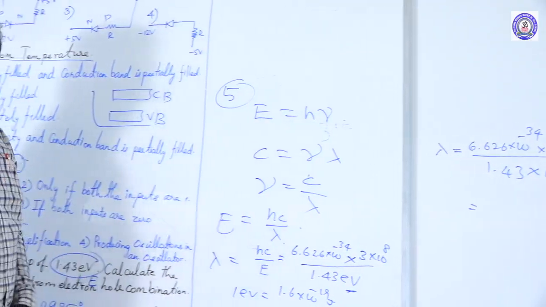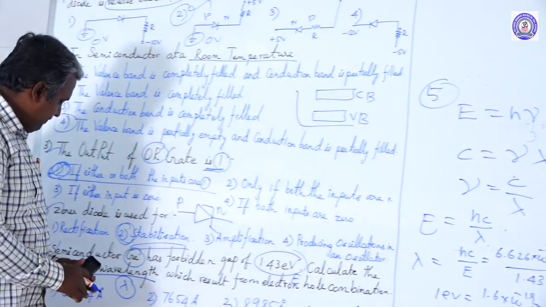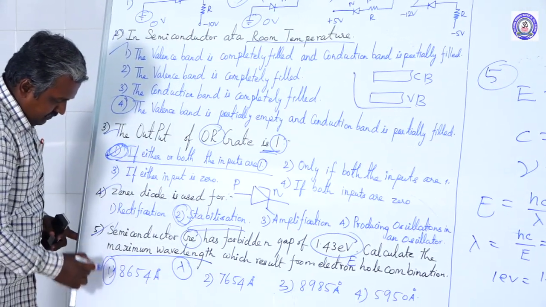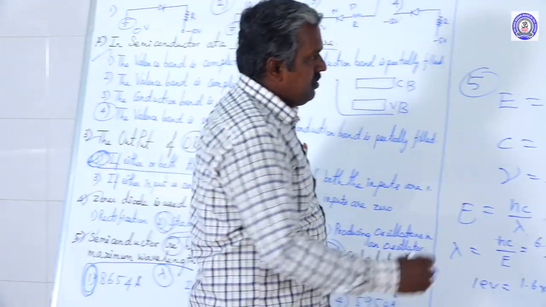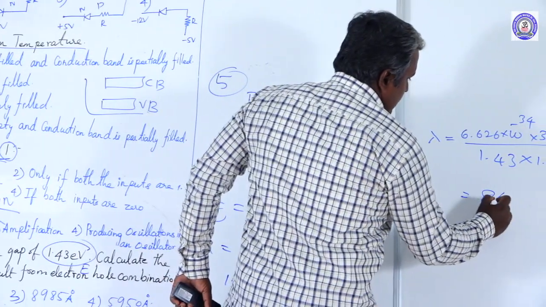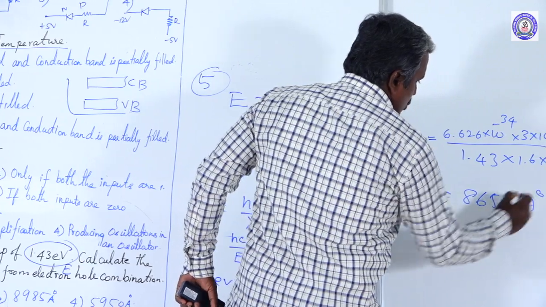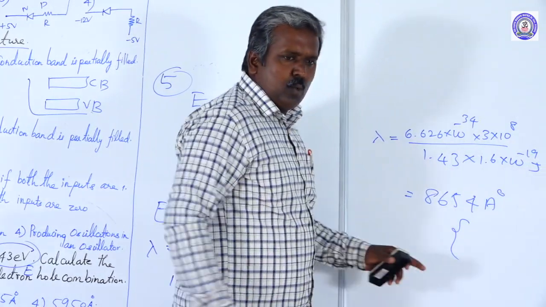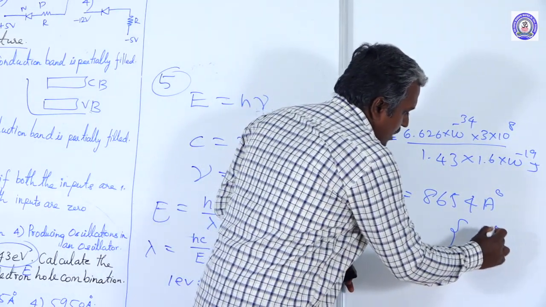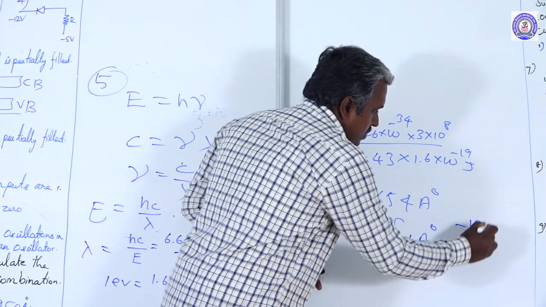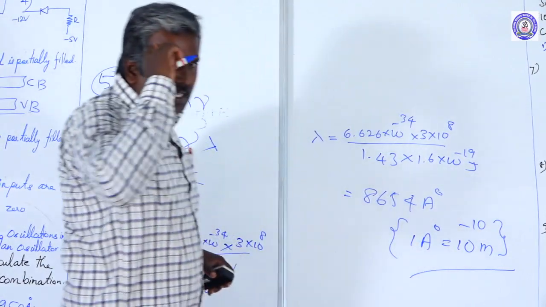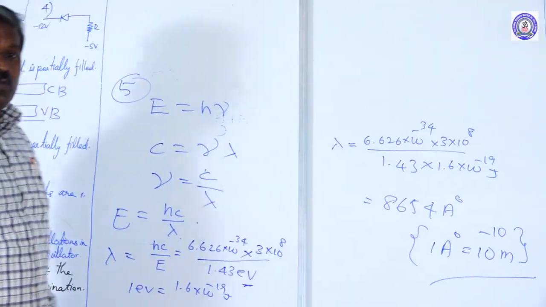On simplifying, we get first option, 8654 angstrom. At the same time, 1 angstrom is equal to 10 power minus 10 meter. Keep it in mind, very simple, 1 angstrom.